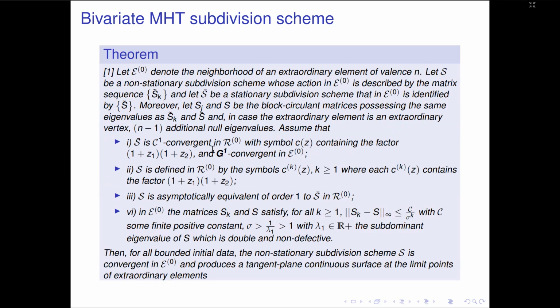In the proof we used the theorem of Conti, which says that if we have two subdivision schemes, the first one non-stationary and the other one stationary, where the stationary scheme is C1 convergent at regular vertices and contains this factor, and the non-stationary scheme also contains this factor, and we have the asymptotic equivalence of order 1 between the two, and we have this condition, then if the stationary scheme is G1, the non-stationary is also G1.